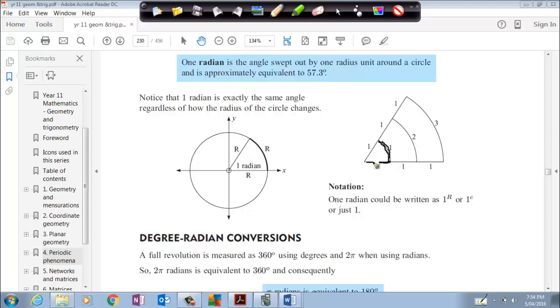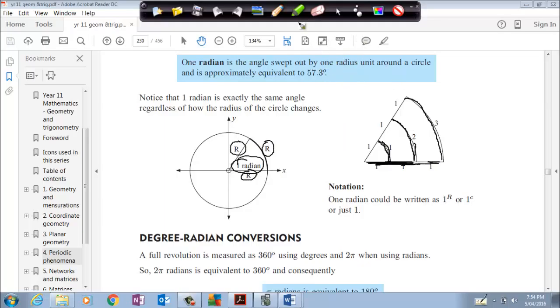If you had 2 centimetres along here, then you've got 2 centimetres along here. That's equivalent to, once again, 1 radius unit. And if you've got 3 centimetres, this is 3 centimetres, it's still 1 radius unit. So we say that this is all 1 radian, because we've got radius, radius, radius.